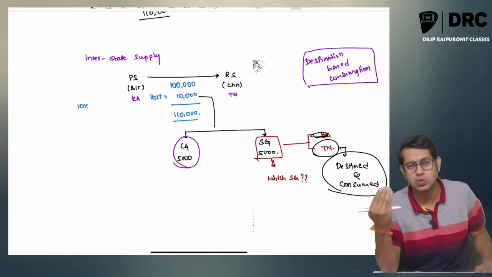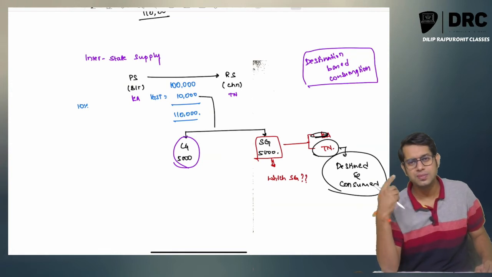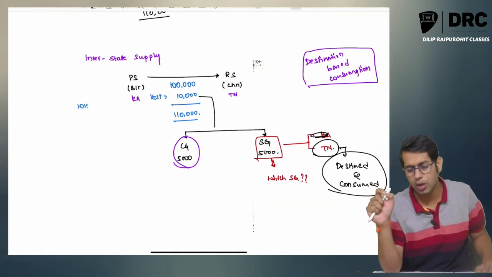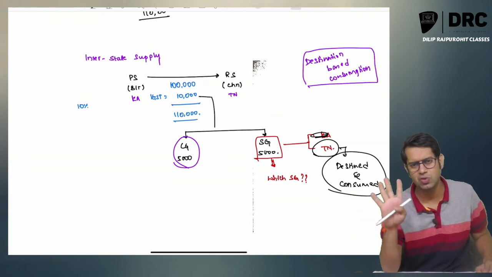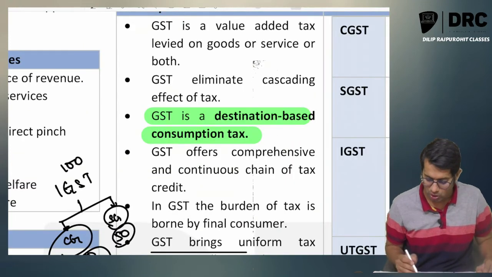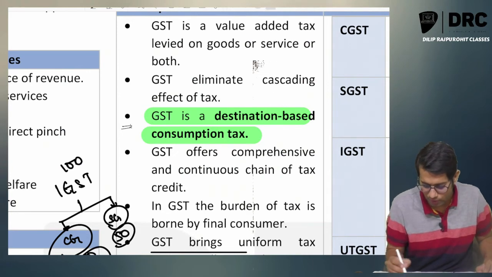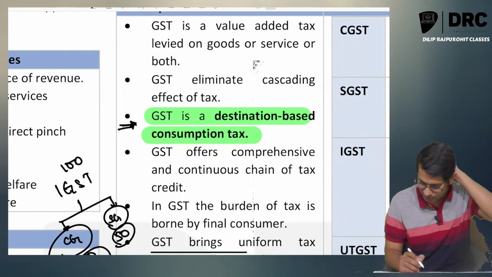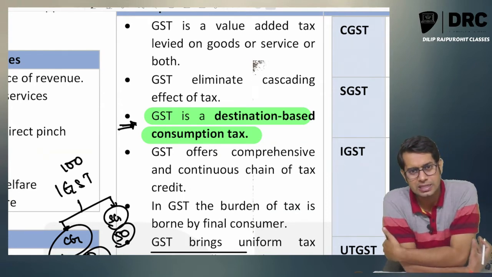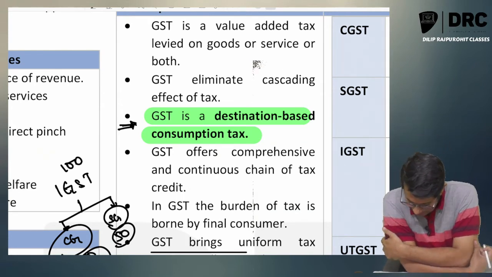The destination of these goods is in Tamil Nadu and the consumption is happening in Tamil Nadu. Therefore, the revenue will go to the state government of Tamil Nadu. No more fights. So this is what this concept is all about. We follow the destination based consumption principle in India.